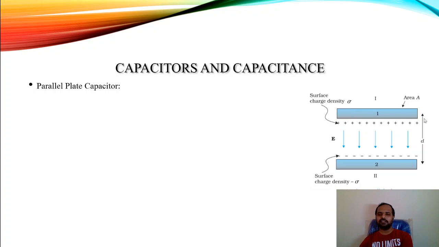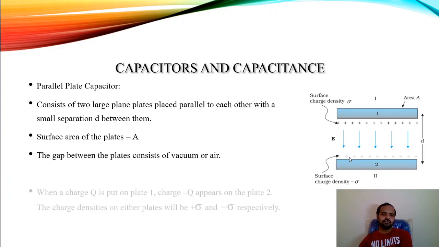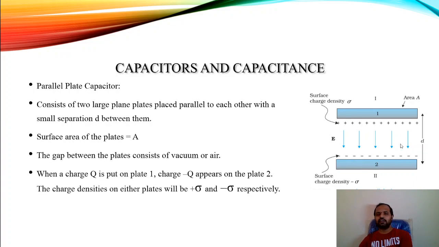So plate 1 has a surface charge density of plus sigma, and plate 2 has a surface charge density of minus sigma, and between the two plates there is a distance of separation d, and the electric field is from plate 1 to plate 2. We are not going to use any dielectric medium in this case. We take a generalized case initially where there is only vacuum between the two plates.